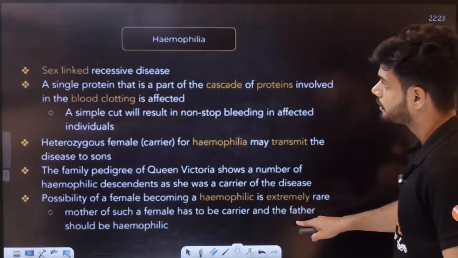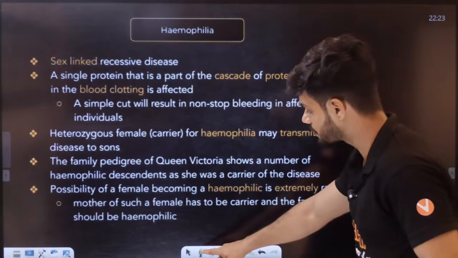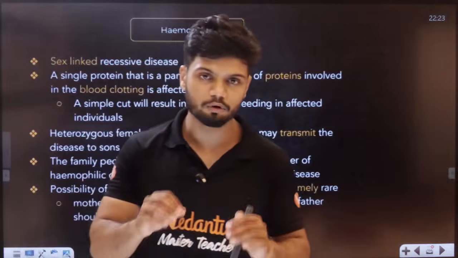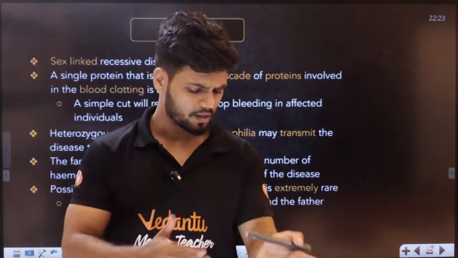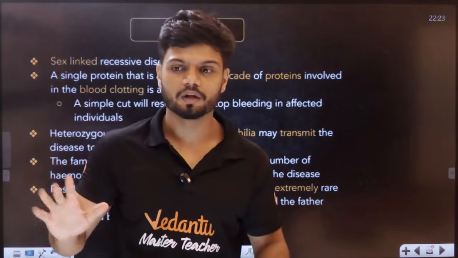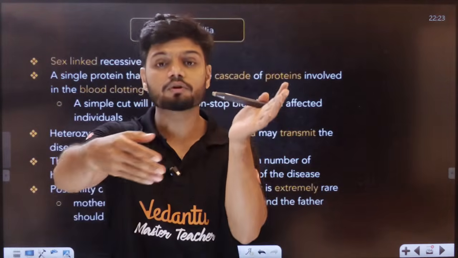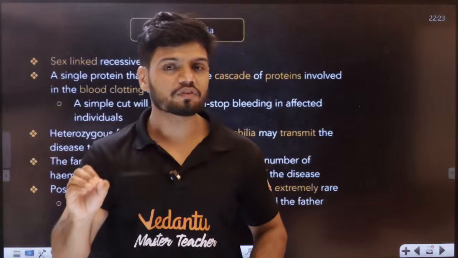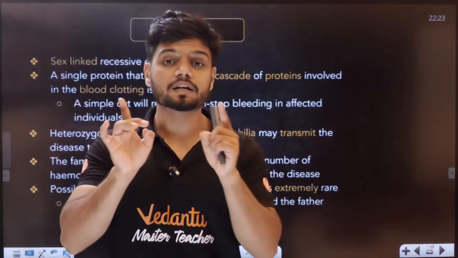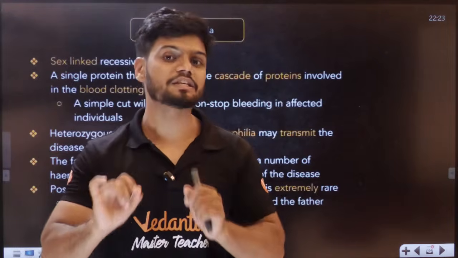Now, students, next is called hemophilia disease. In hemophilia, very simple, students: one small cut, blood keeps on flowing. A person with a small cut will keep on bleeding because the clotting protein is missing here.